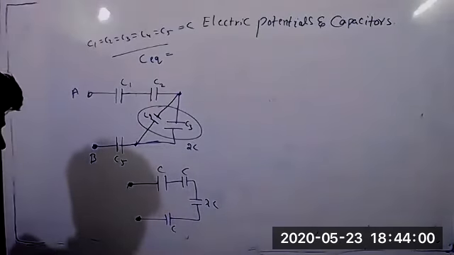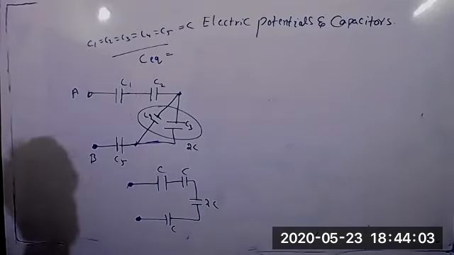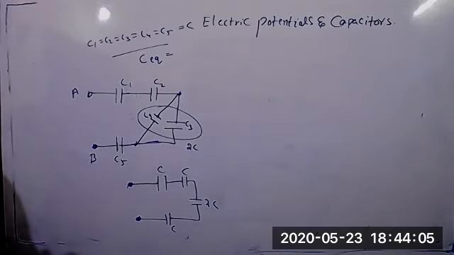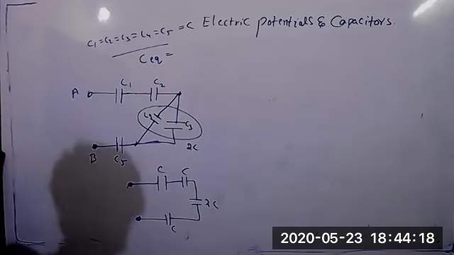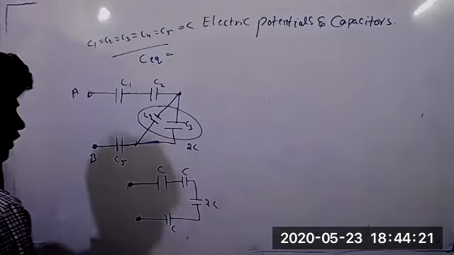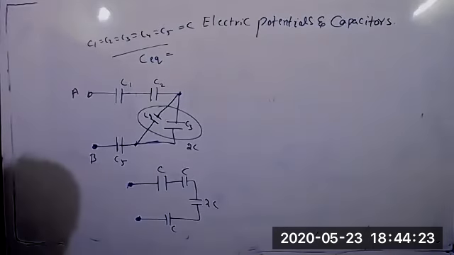But for series, what is the formula? Equivalent capacitance for series connection. Seven C by 6. C1, C2, C3, C4 by C1, C2, C3 plus C3, C4, C1 plus. Did you understand the formula?